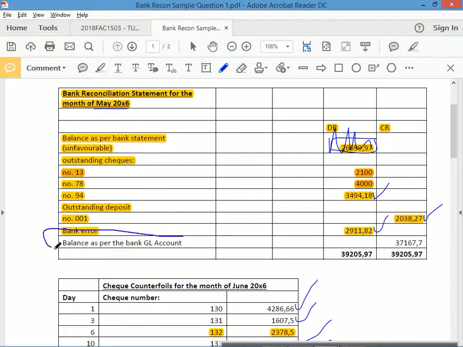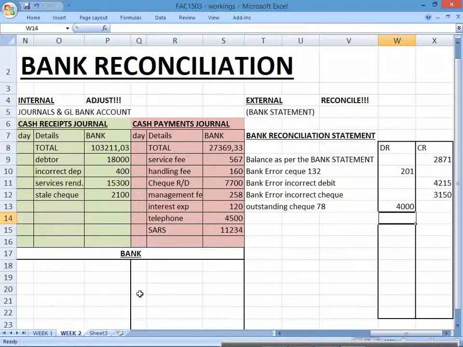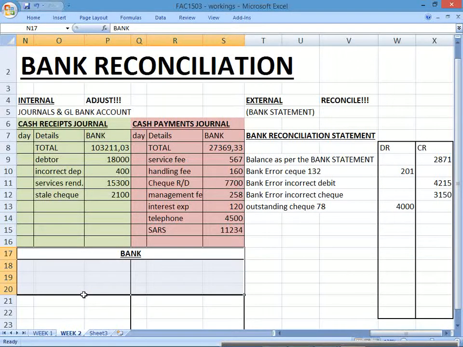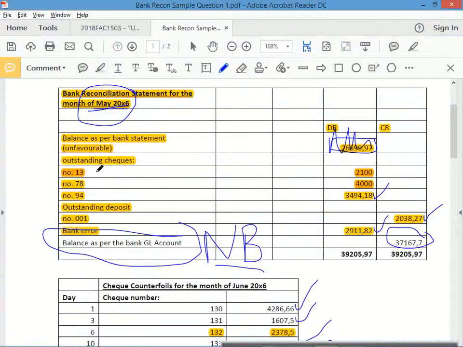Mouse pad. Do I highlight this? Yes. Okay, do I need this balance? Yes. Okay, why? End of May is beginning of June. Okay, you can't start this T account with nothing. It has to have an opening balance. Right, so the balance for the end of May is the opening balance for June. Right, so there's the balance.